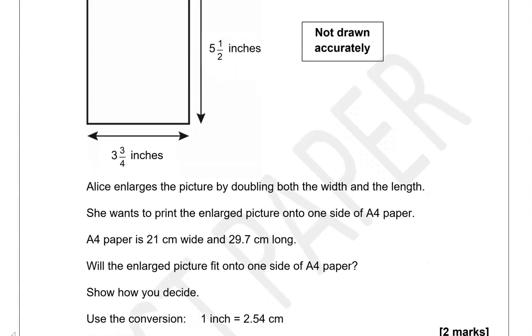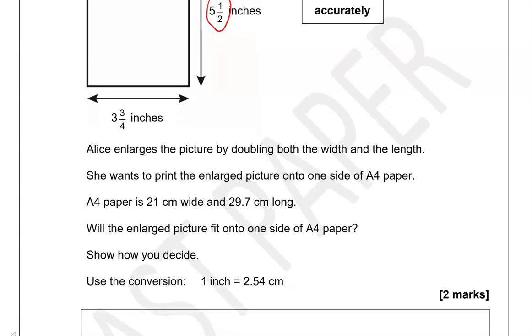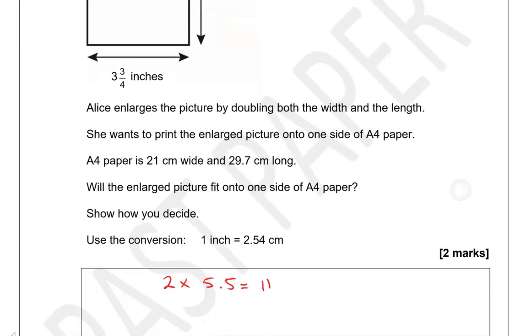So we've got the dimensions given to us in inches. So 5.5, if she's going to double that, that's going to be 11. So 2 times 5.5 gives us 11. So that's 11 inches.